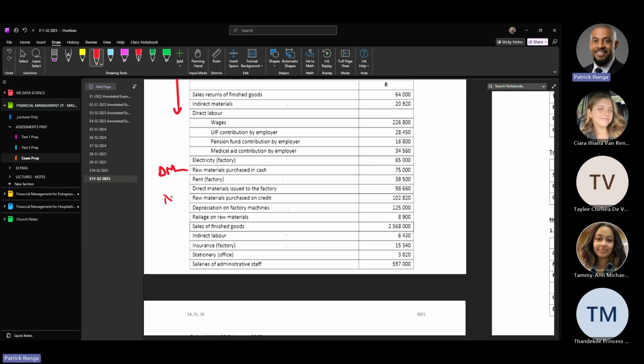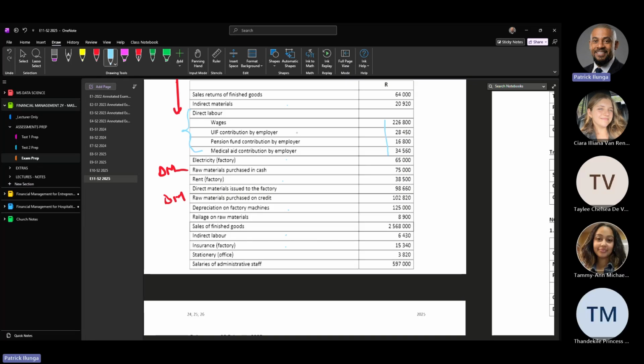So this is direct material. You categorize first, and you only have three categories: direct material, direct labor, manufacturing overhead. For example, this is the direct labor, as simple as that. All the direct labor are here. You just add them.